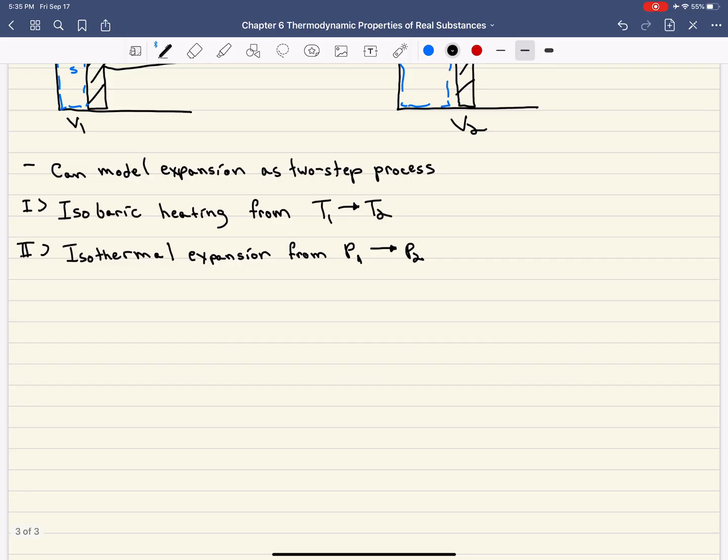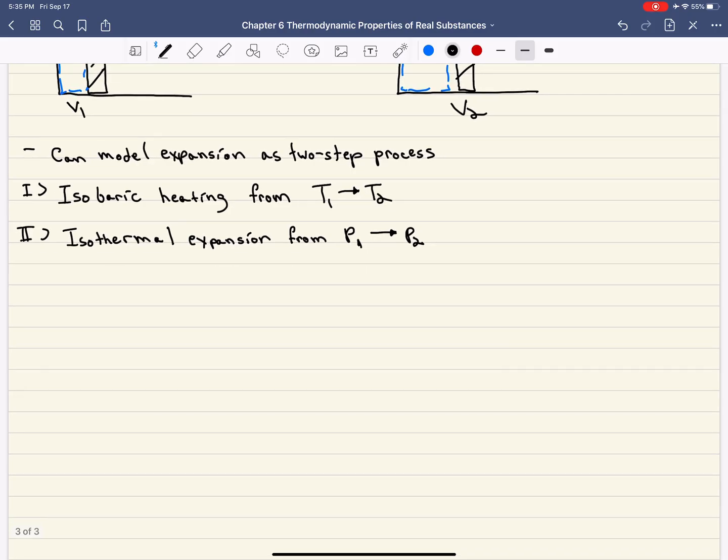If we plot this out, temperature versus pressure, the way we would think about our process is we start at P1, T1, and then we keep pressure constant and heat the system so that it reaches T2.